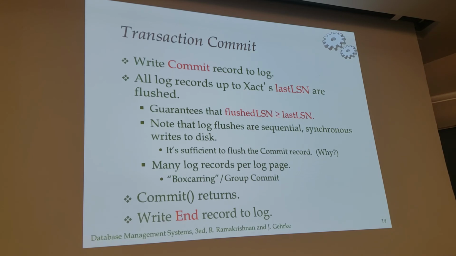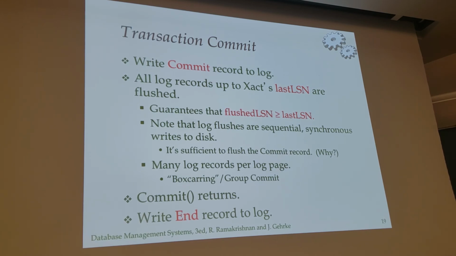And again, log flushes are sequential and synchronous. I don't regard the flush as being done until I know that the flush has been completed. Okay? Sometimes people play battery backup games and they say, I know that it will be completed. It hasn't been completed, but I know I've got battery backup and I know that it will happen. And people often are willing to accept that.